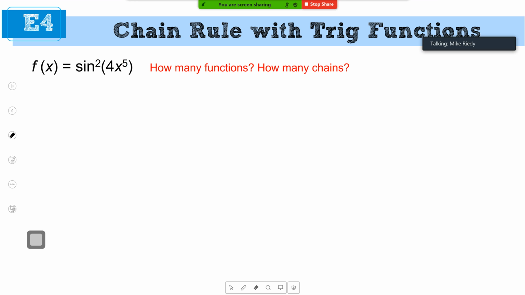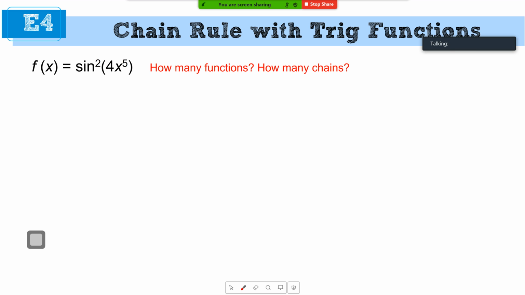How many functions? Three. What are they? Sine, squared, and 4x to the 5th power.